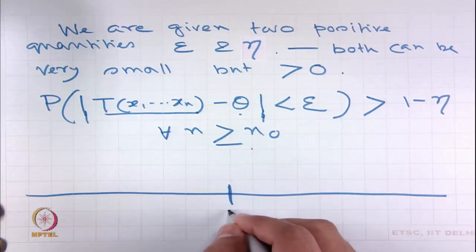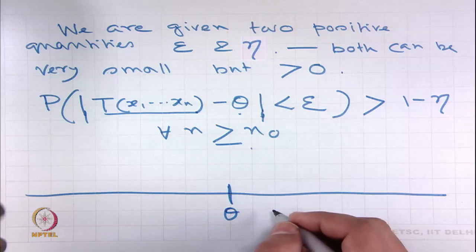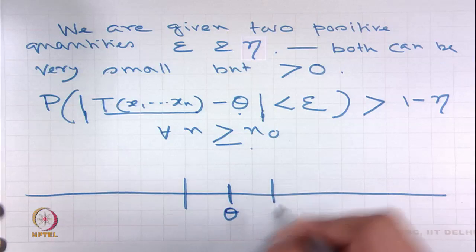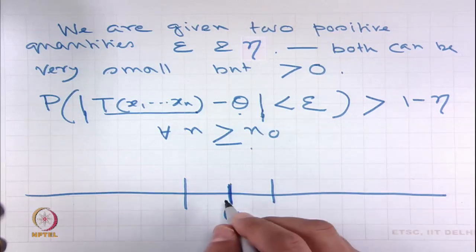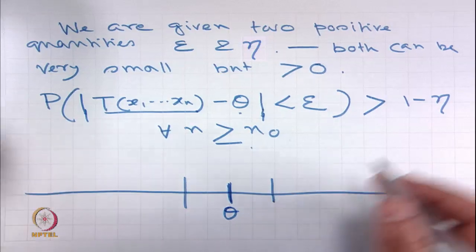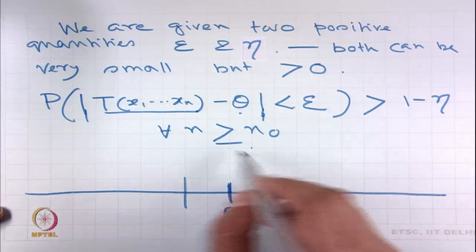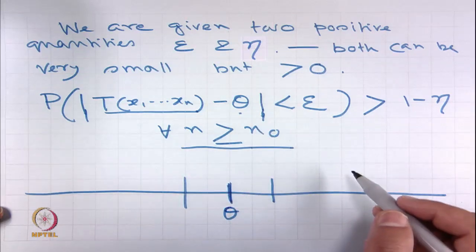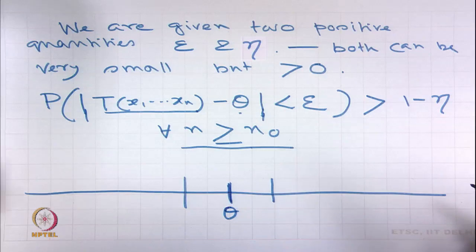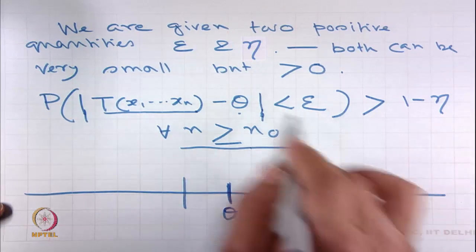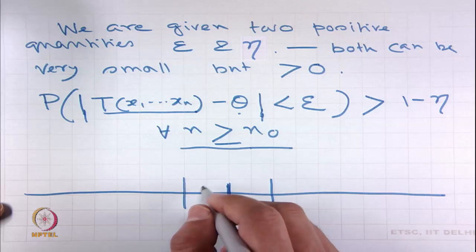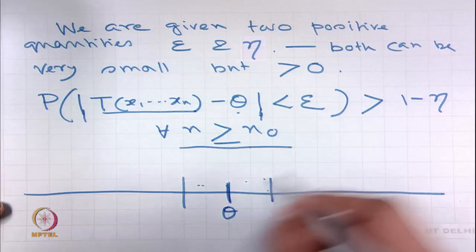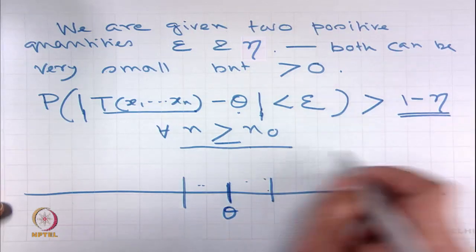So, what does it mean? Suppose this is the actual parameter theta, and we have given an epsilon bound around it, and we are saying that if we keep on taking samples, then there will be an integer n naught such that if the sample size is greater than n naught, then the probability that the obtained value of the statistic will remain within this interval is going to be arbitrarily large.